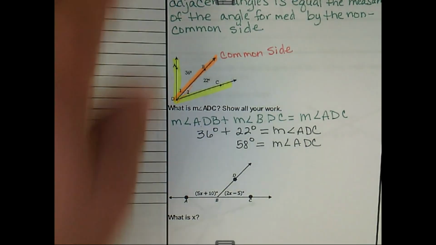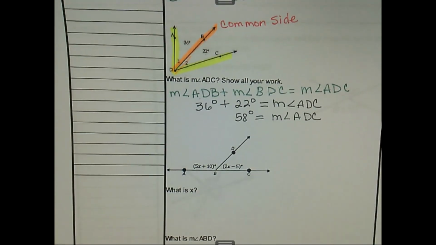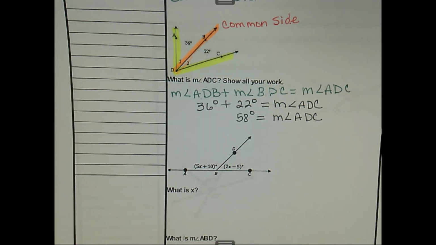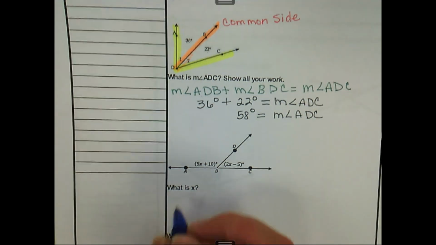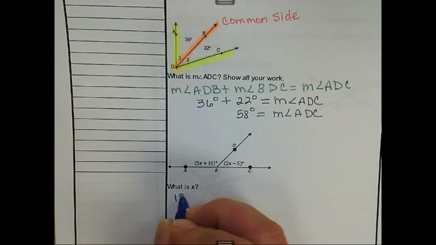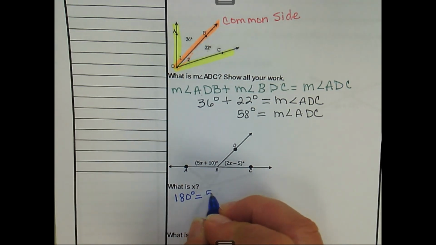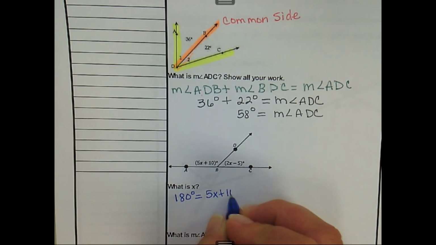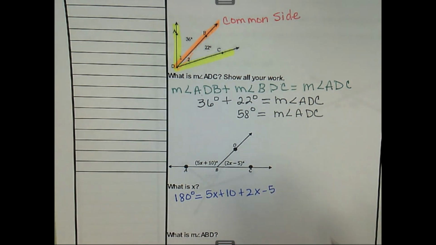Okay, let's look at finding x. We know this is a linear pair, so we know it has to add up to how many degrees? 180 degrees is equal to 5x plus 10 plus 2x minus 5.